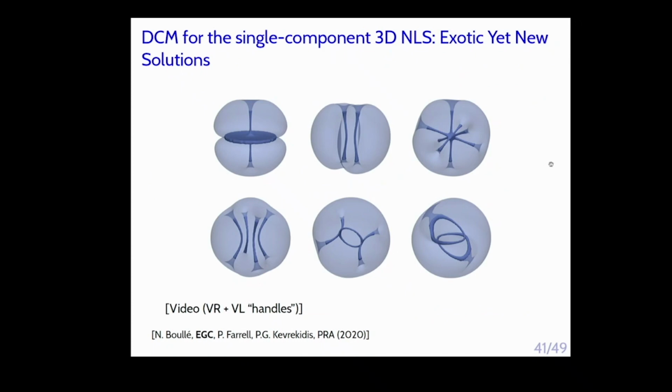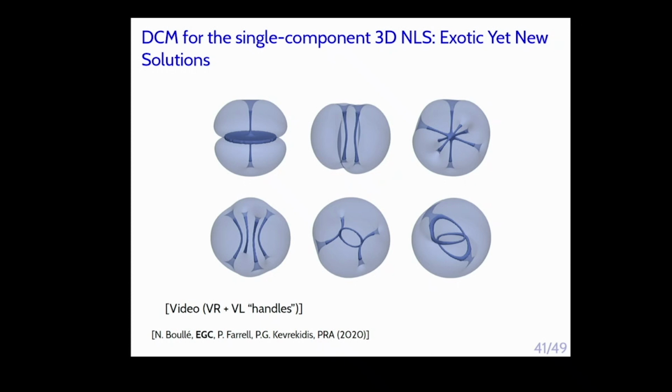Now, in 3D, I think I have another 12 minutes maybe. For the 3D case, just a few snippets of results: we use the deflation method for this problem, and here are some solutions that we found.